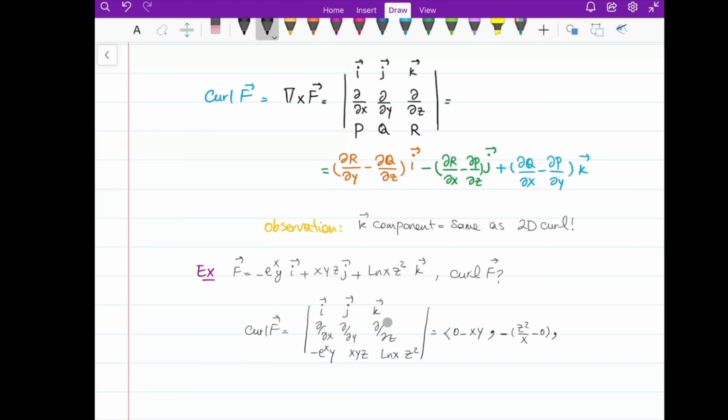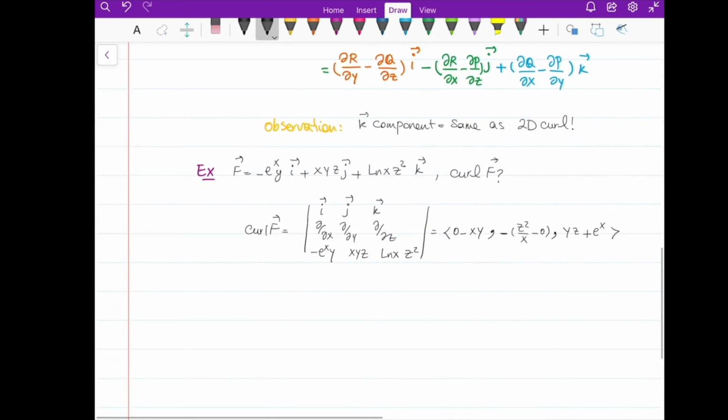The last component is the derivative of Q with respect to x minus the derivative of P with respect to y. The derivative of this with respect to x is yz, minus the derivative of this one with respect to y, which is negative e to the xy times x. That's the curl of F.